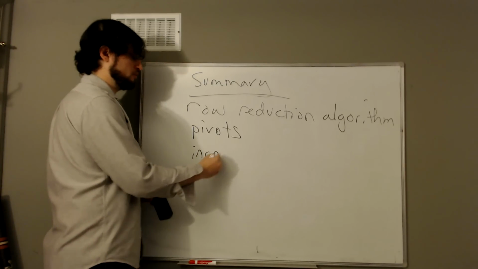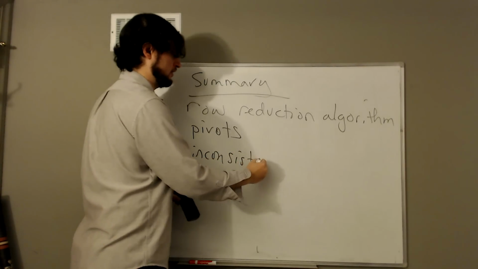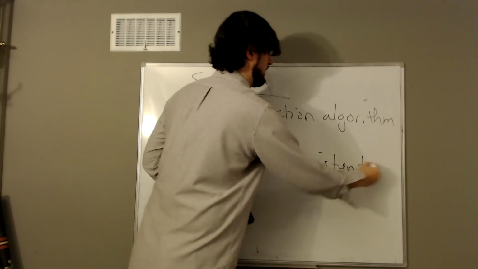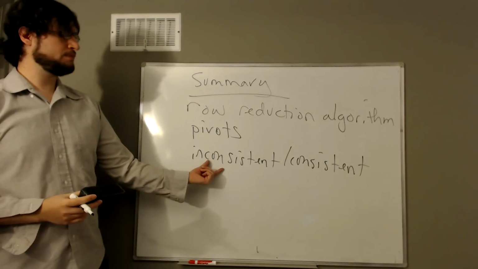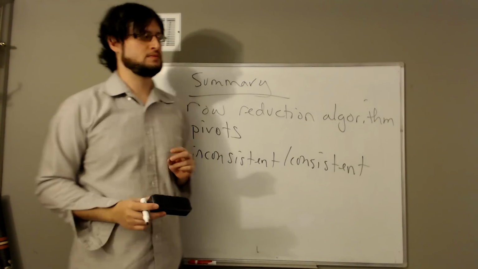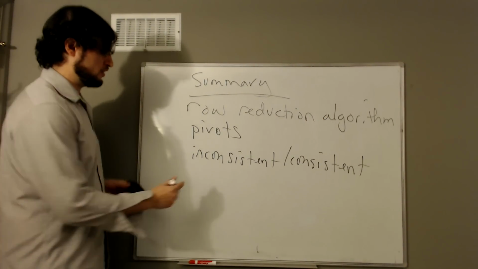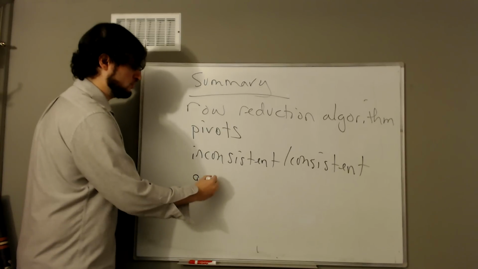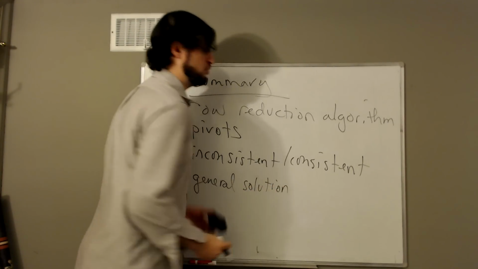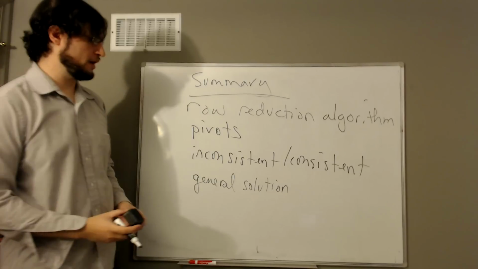We've talked about the words inconsistent and consistent. Remember, inconsistent means no solution. Consistent means a solution or more. And we've talked about writing the general solution by putting all of the free variables on the right.